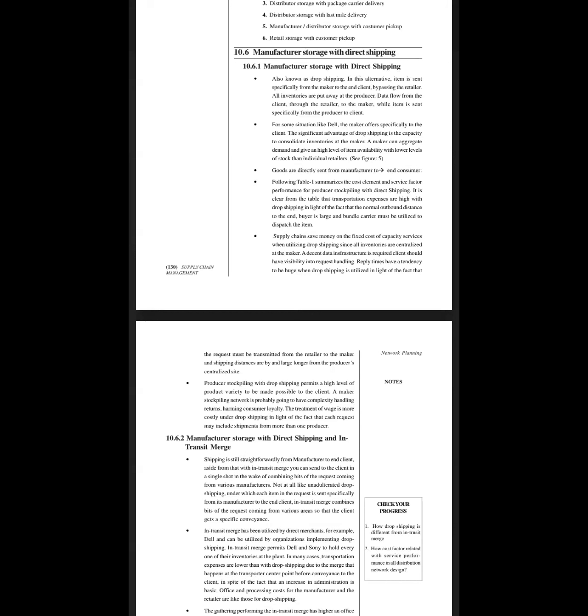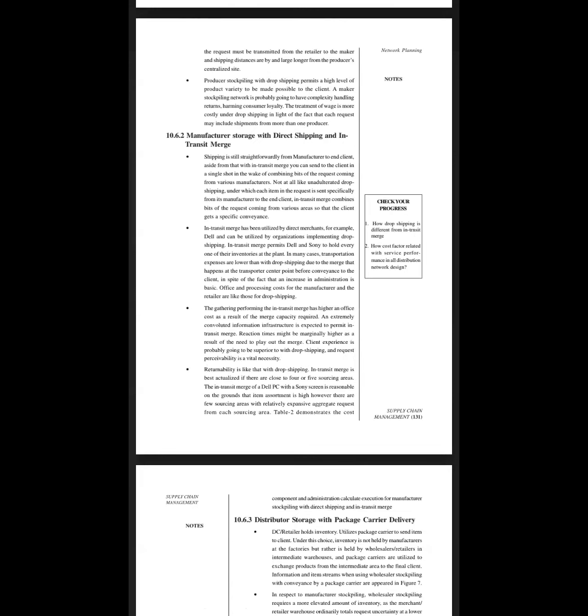The client should have a good track record, and you should also send the information properly to them. So this is called manufacturer storage and direct shipping. You should know how to handle that plan, and you should close the business in a very effective manner. So this is the important factor.